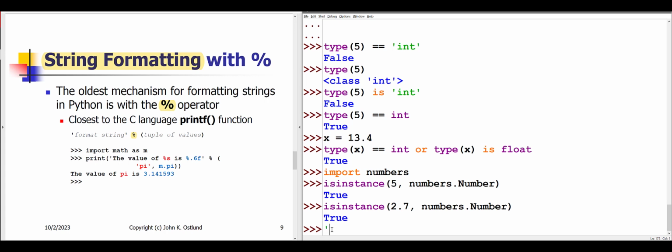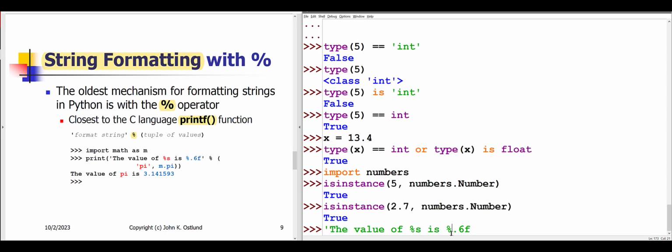I'm going to use the format string, the value of, now %s, this is all pretty much directly stolen from the C language's printf function. %s means string. So the value of some string is %.6f.